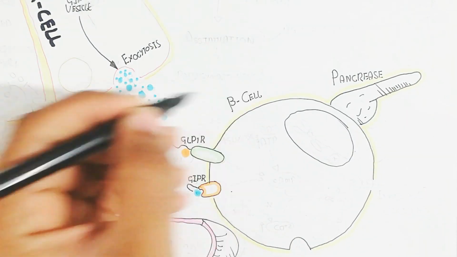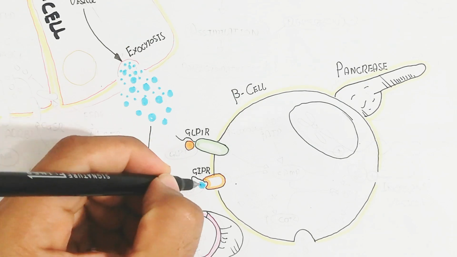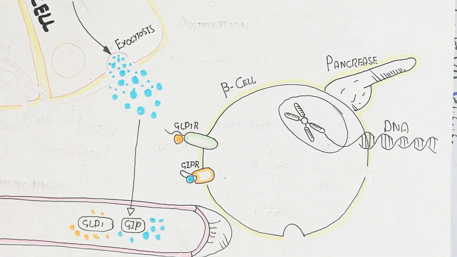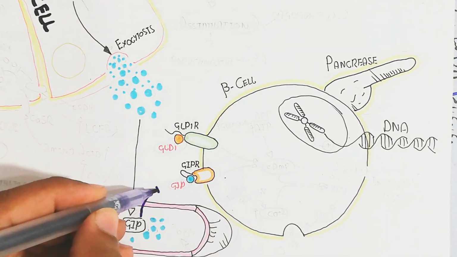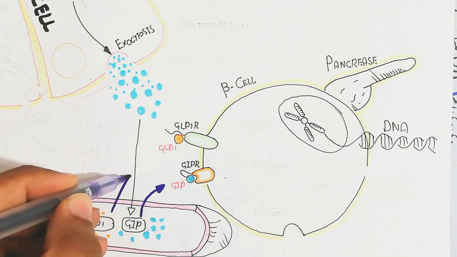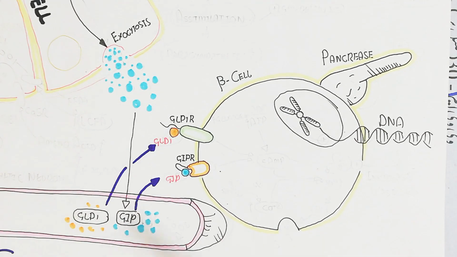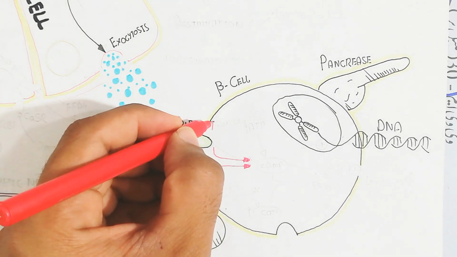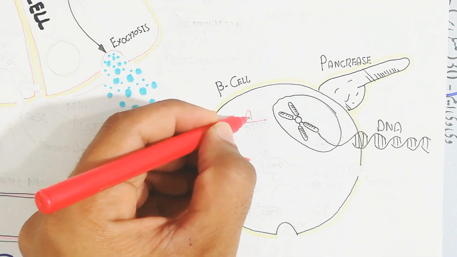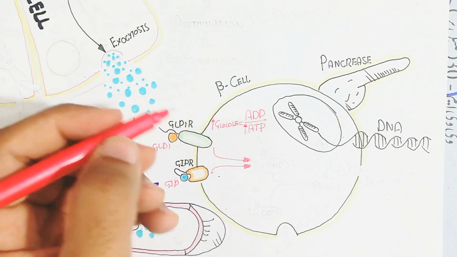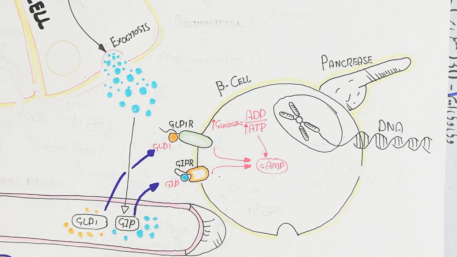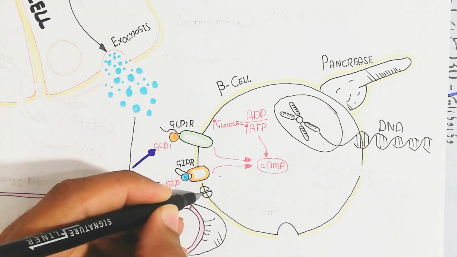The beta cell contains insulin-containing vesicles, and here are the GLP-1 receptor and GIP receptor. Whenever GLP-1 and GIP bind their different receptors, this leads to a cascade of phosphorylation that enhances cyclic AMP. Glucose also increases intracellularly, leading to increased ATP through glycolysis, the Krebs cycle, and the electron transport chain in the mitochondria.